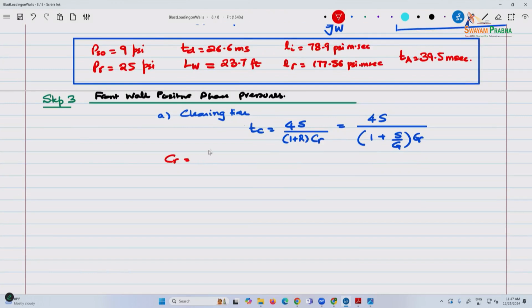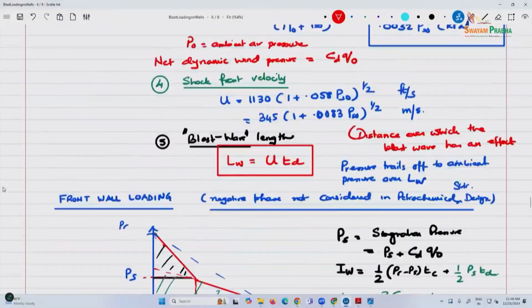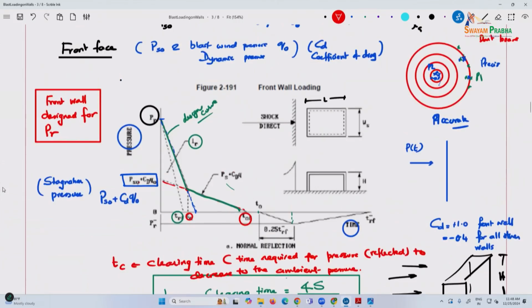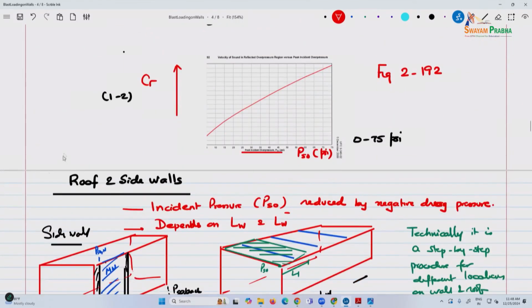So this is 1 plus S over G CR, and as we had seen earlier, CR is the reflected pressure region sound velocity, or sound speed. And this comes from figure 2-192. So here you see in terms of PSO, this is figure 2-192.